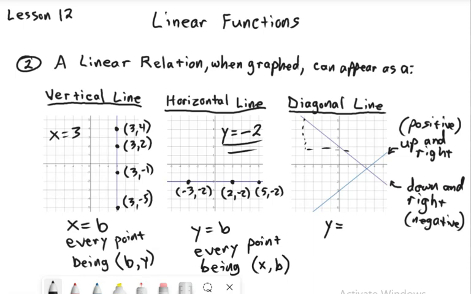It takes on the form y equals mx plus b. And you'll notice that the vertical line only has x in it. The horizontal line only has y in it. Well, a diagonal line is a little vertical and a little horizontal, right? It goes up and right, okay, or down and right, and therefore it has both y and x in it, okay?